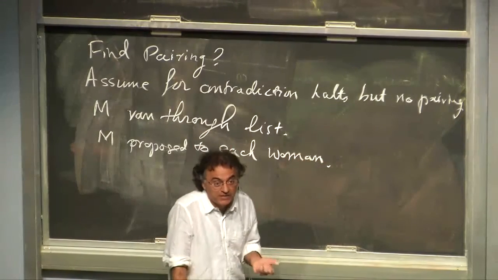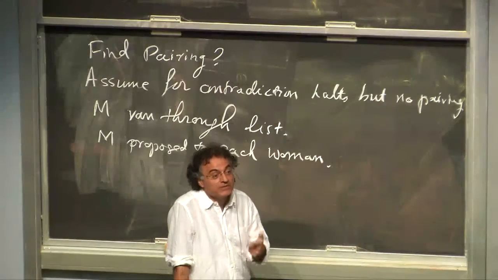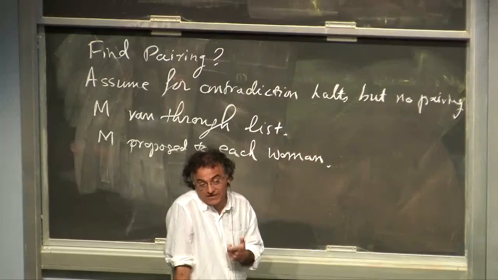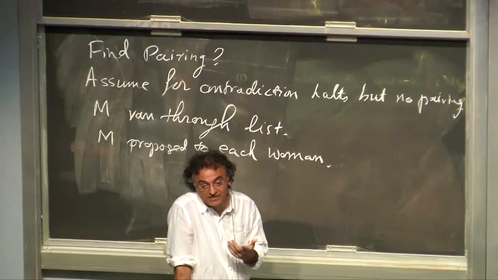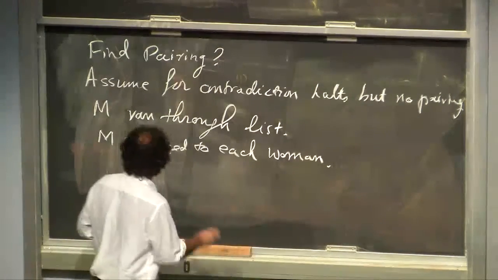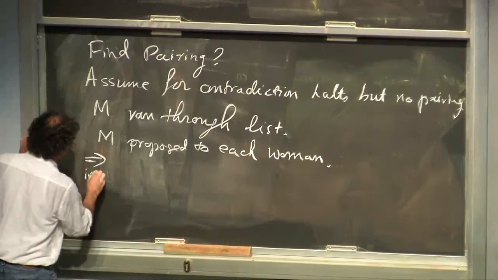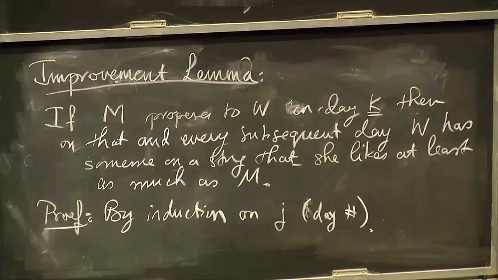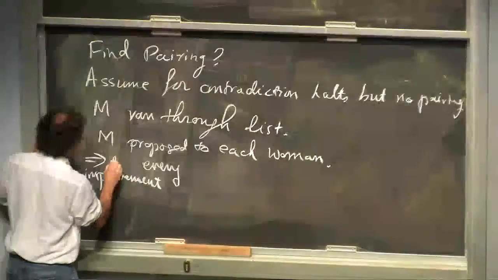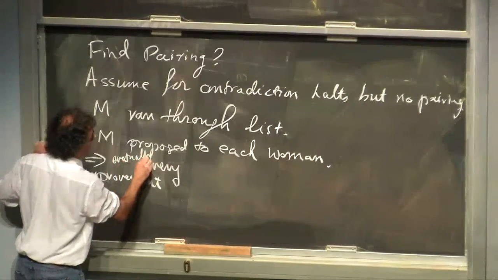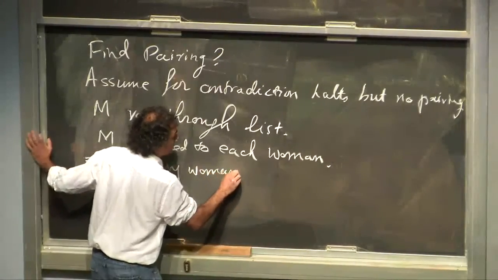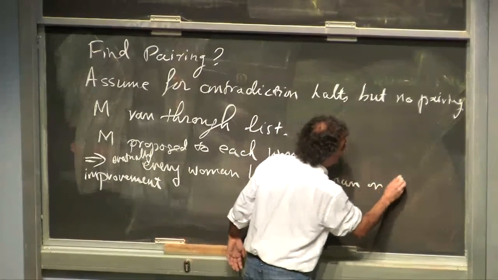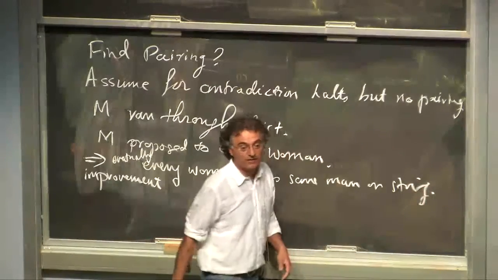By the improvement lemma, every woman has somebody on a string. They have to be different people on a string, by the end of the algorithm, which implies by the improvement lemma that eventually every woman has some man on a string.